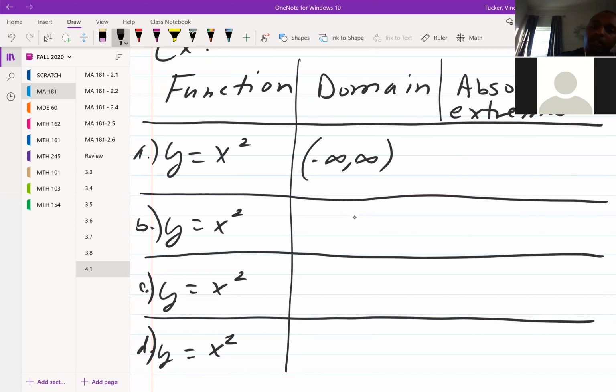This is not an exercise, just something to help further explain the extrema.